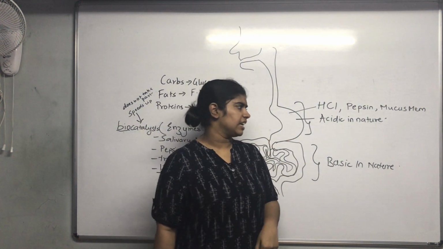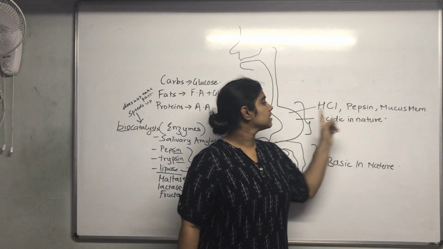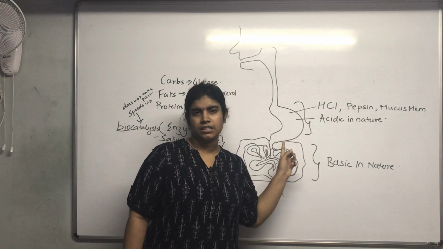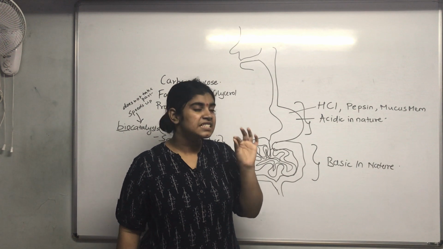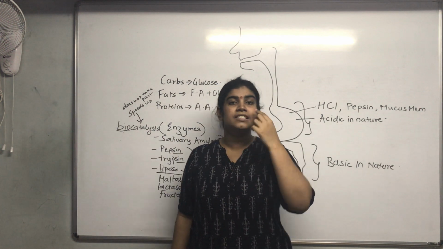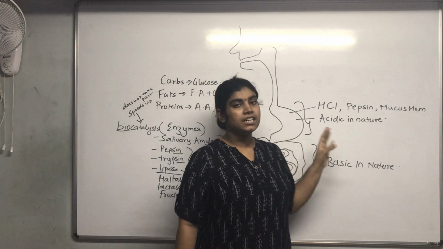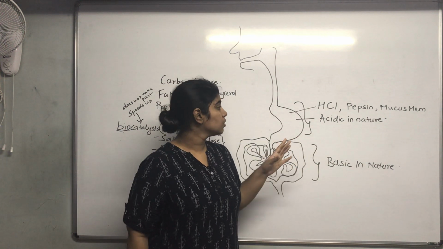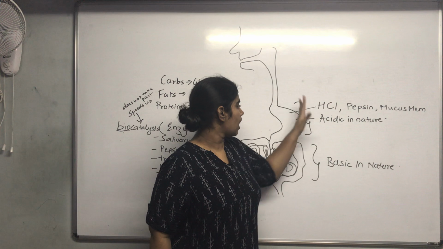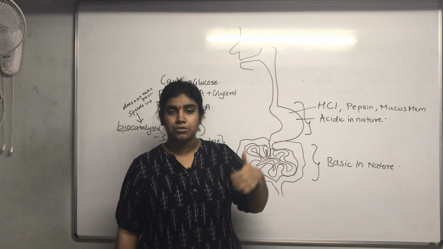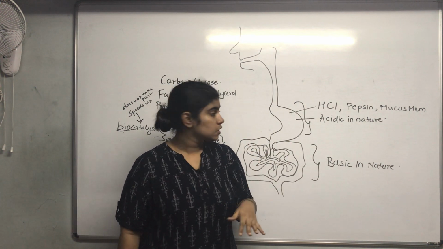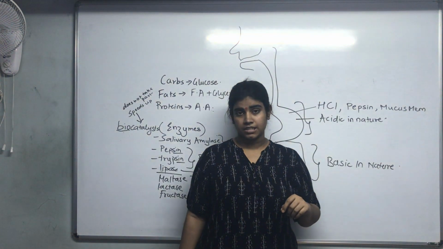So to prevent that, there is a mucous membrane. It is similar to the mucous membrane present in your nose. The mucous membrane is present so as not to harm the stomach from the hydrochloric acid activity. So this is why the mucous membrane is present.